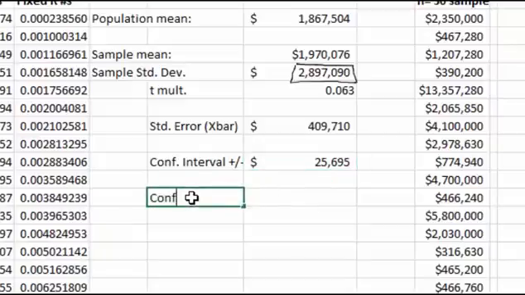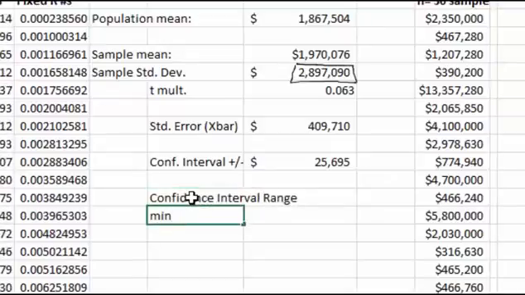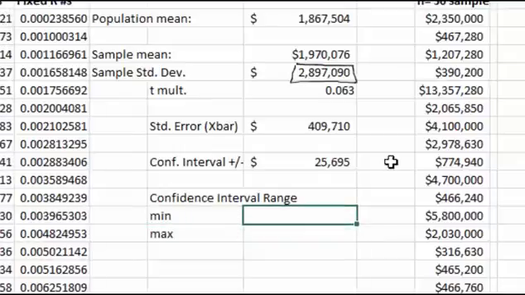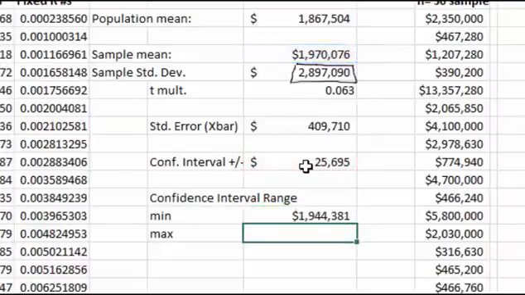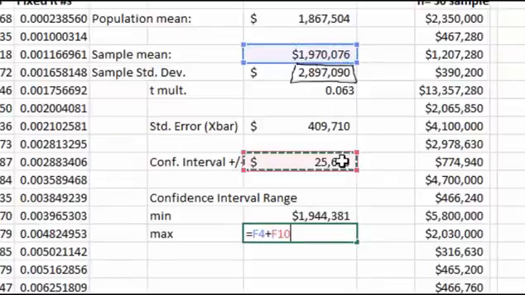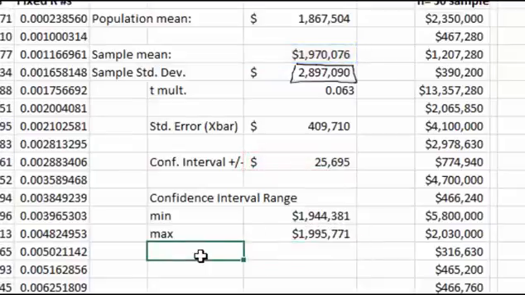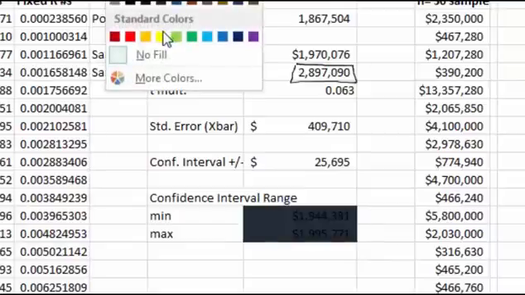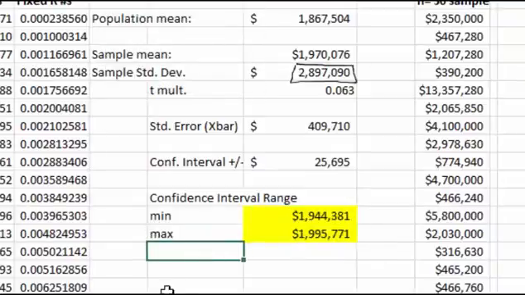And now I'll say my confidence interval range here from the minimum to the maximum. The minimum, of course, is just equal to my sample mean minus the confidence interval value, and the maximum is just equal to my sample mean plus the confidence interval value. Let me highlight these two numbers here, because this defines my range of the confidence interval.